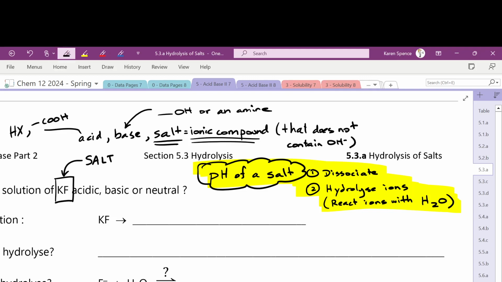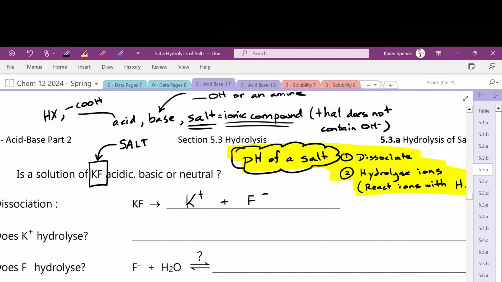Okay, so we have KF, and the first thing we have to do is dissociate it. What does KF turn into? K plus and F minus. And then we have to ask ourselves, does the K plus hydrolyze?